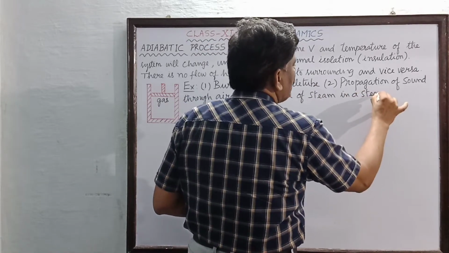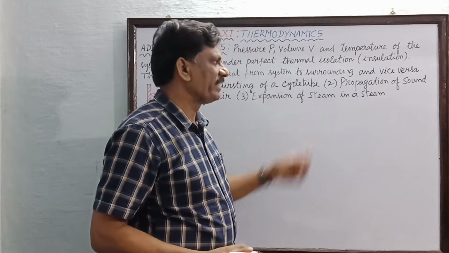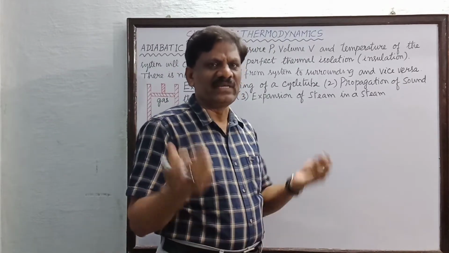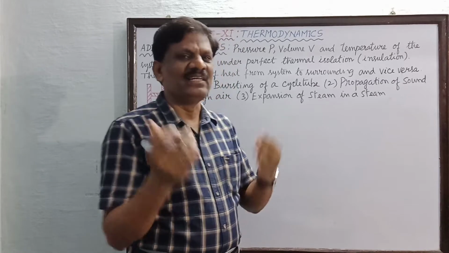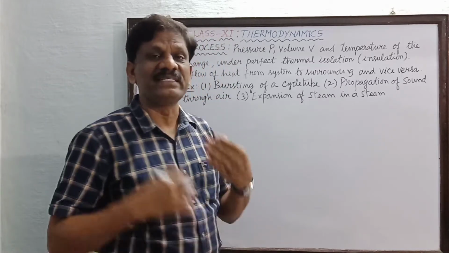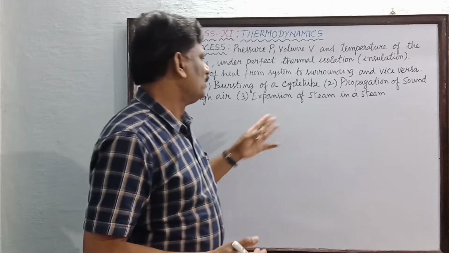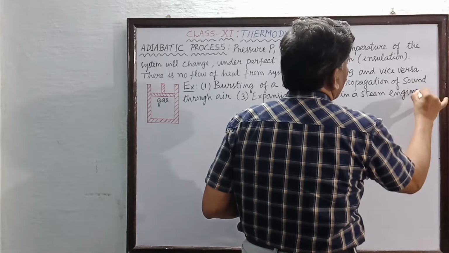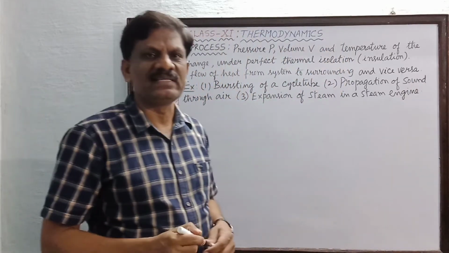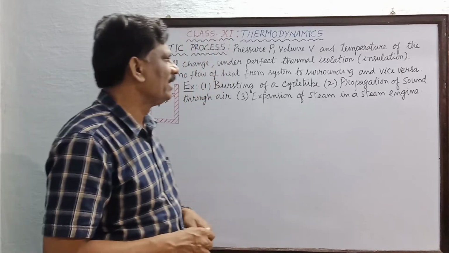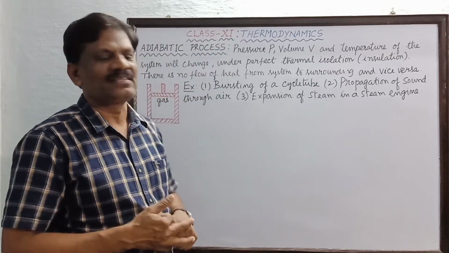Steam engine is an external combustion engine, understand? Whereas in petrol and diesel engines, the working substance, namely the gases, will expand and get compressed within the engine. They are called internal combustion engines. So here, expansion of steam in a steam engine. Similarly, expansion of gases in petrol and diesel engines also we can write. These are all adiabatic processes.